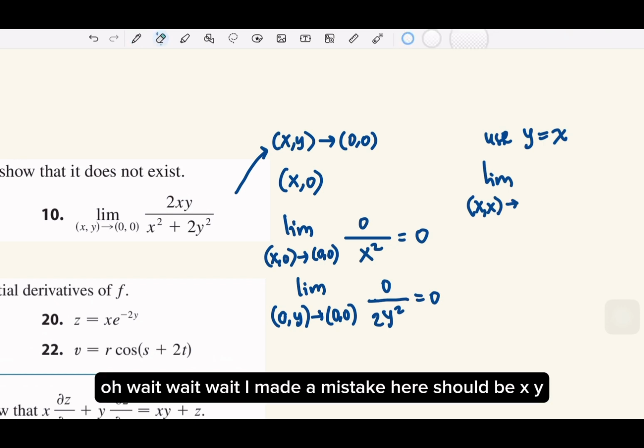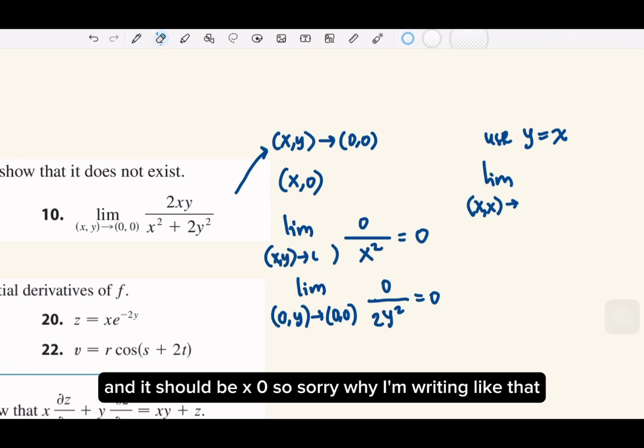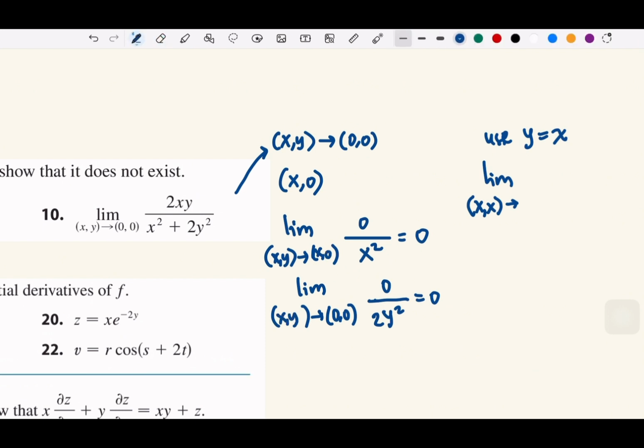Oh, wait. I made a mistake here. It should be xy, and it should be x, 0. So sorry. So xy to x, x.